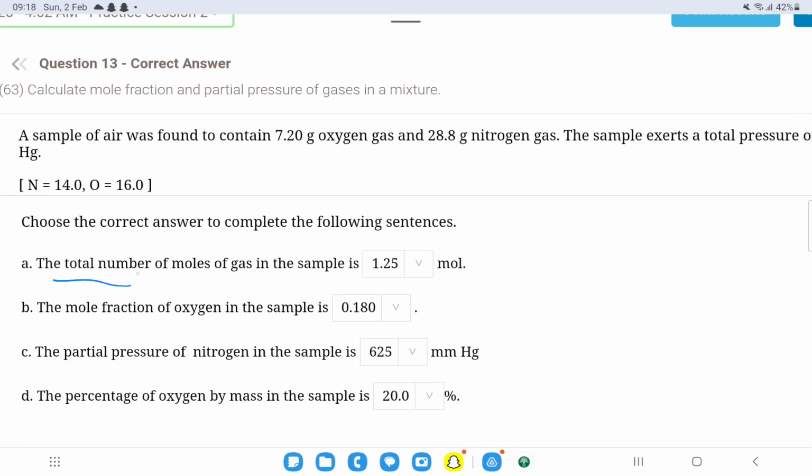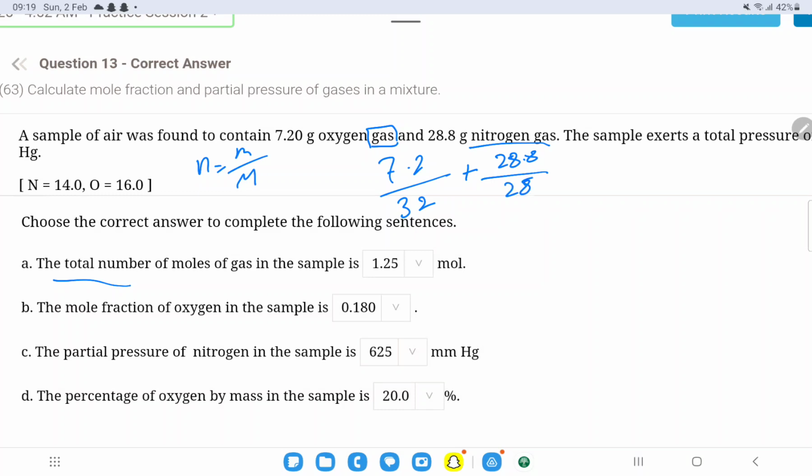We want number of moles, n equals m over M, and the total number of moles is just, you add all of the moles: 7.2 over oxygen gas. They said gas, and oxygen is diatomic in the gas, so 7.2 over 32 plus 28.8, also nitrogen gas, diatomic, over 28.